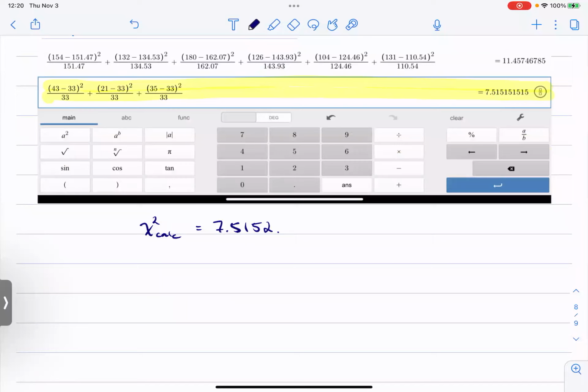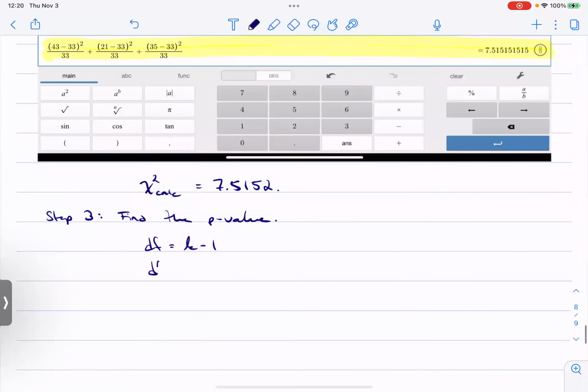Find the p-value, which means I need my degrees of freedom, which is k minus 1. I have 3 categories, so I have 2 degrees of freedom.